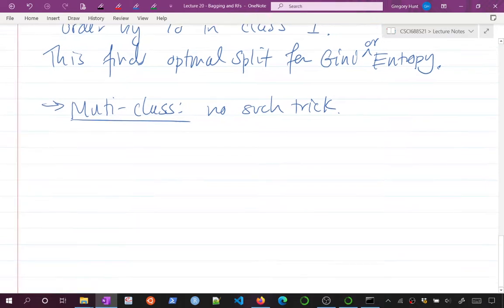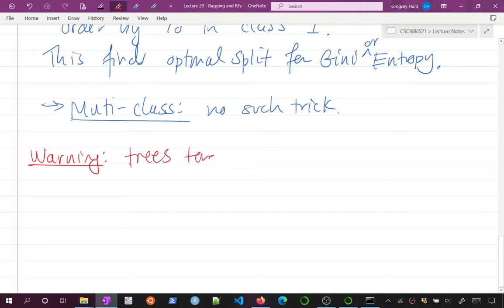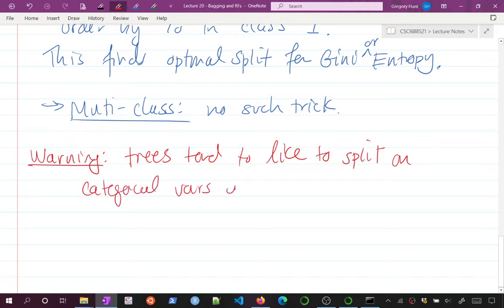The other kind of caveat here, the warning I'll say, is that trees tend to like to split on categorical variables with many levels.